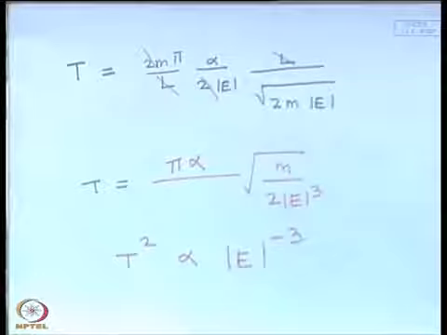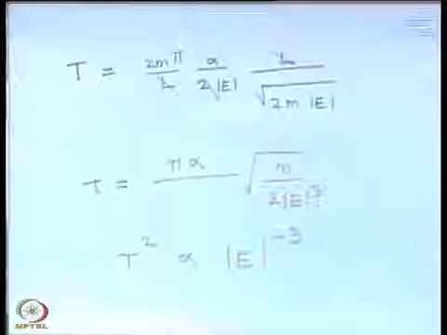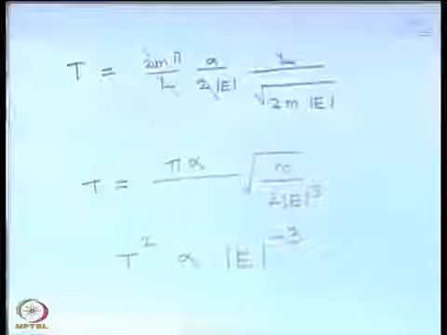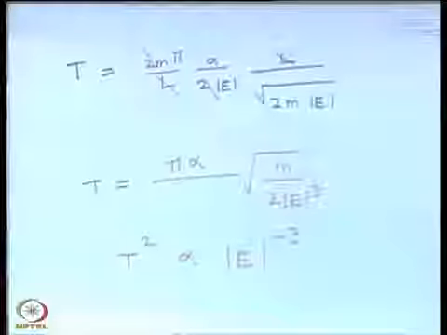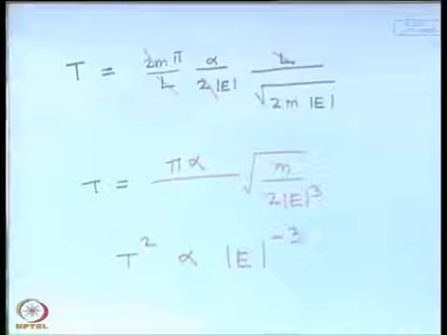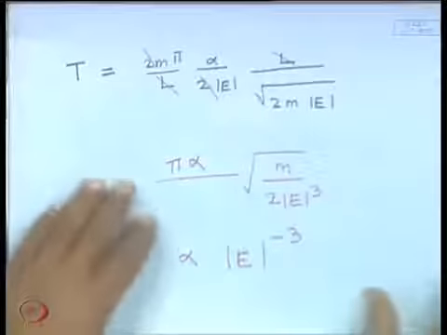Okay, so this tells us how the time period of the orbit, it does not depend on the angular momentum, it only depends on the energy of the particle, and T square scales as the energy of the orbit to the power of minus 3, or T scales as the energy to the power of minus 3 by 2. Okay.